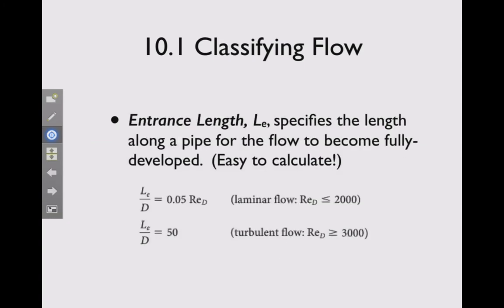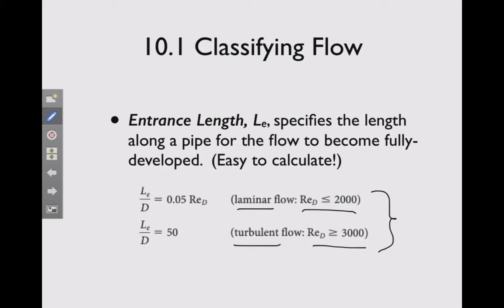And we have some equations here for calculating the entrance length, and this is going to specify the length along the pipe for the flow to become fully developed, and it's easy to calculate. However, it's important to note that we do beforehand need to know what the Reynolds number is, because we're going to apply a different equation for laminar flow than turbulent flow.